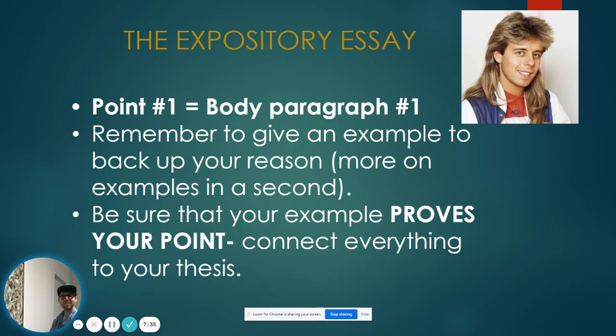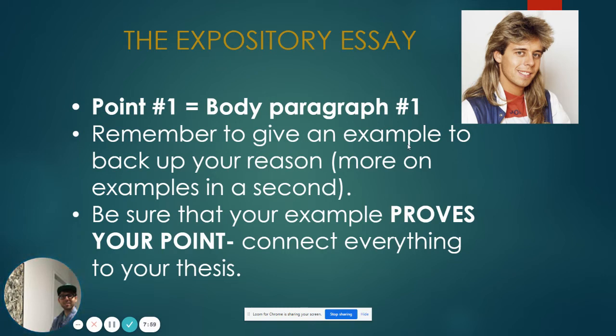Point number one will be body paragraph number one. You're going to be making a point, like for instance, on that last prompt, we could have said, it is important to spend time devoted to work. That would be your body paragraph one. So you would give an example to back that up. If you don't work hard in school, you don't get the job, and so on.